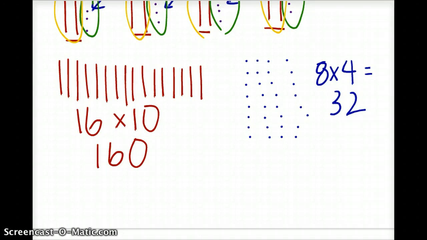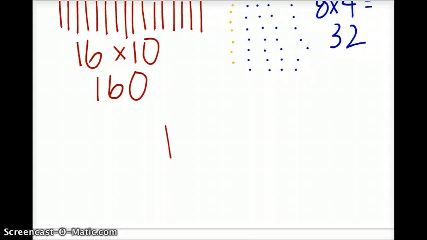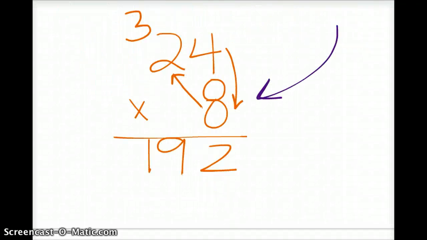And you can see we have that represented down here. We have 8 sets of 20s, and then our 8 sets of 4s. Then we can add them together. 160 plus 32 ends up giving us 192, which is the answer that we got over here.